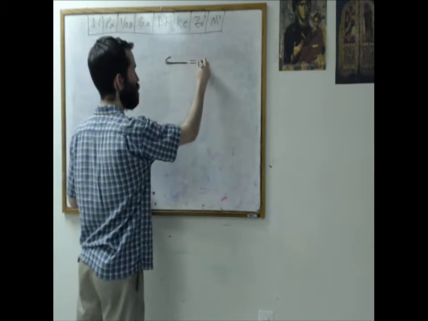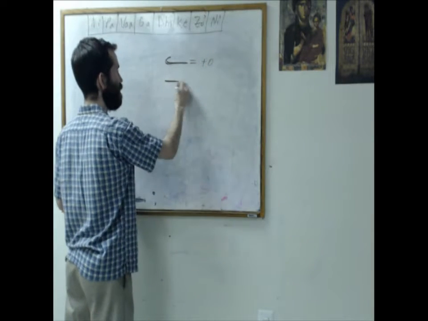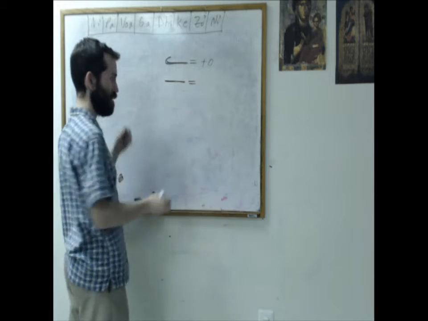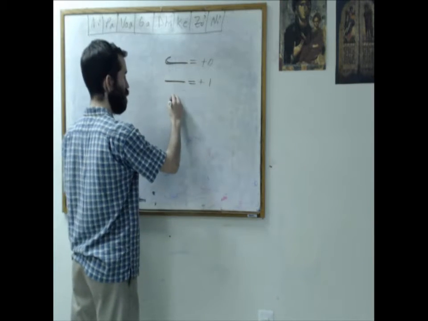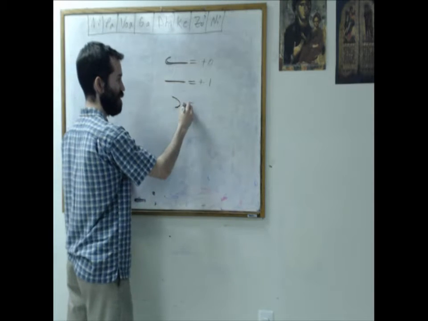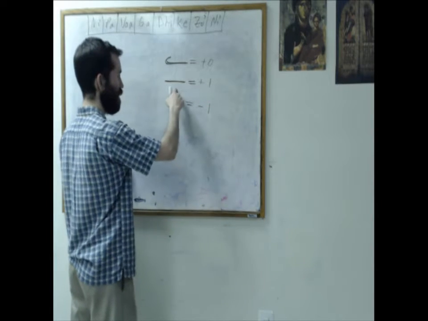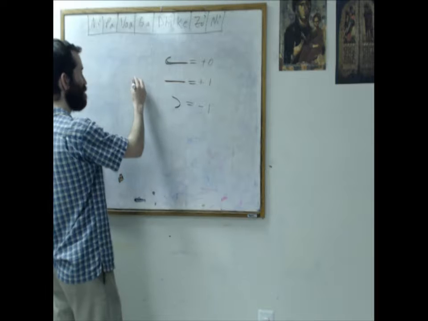I would just say equals plus zero. Then the oligon means up 1, and then we had apostrophos, down 1, and then we had other guys here.